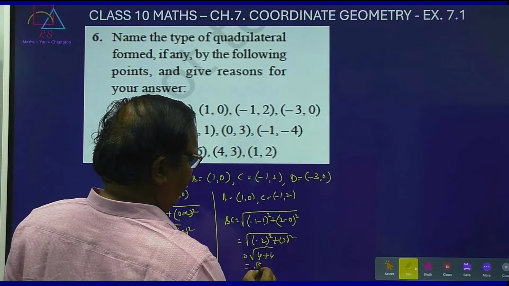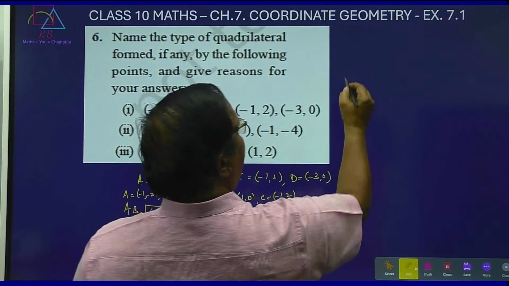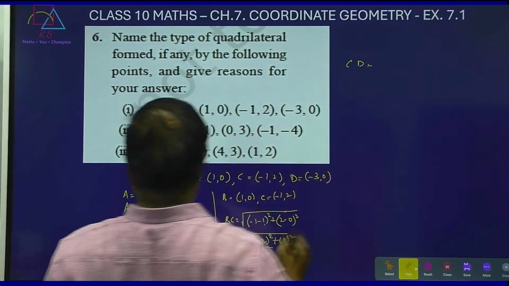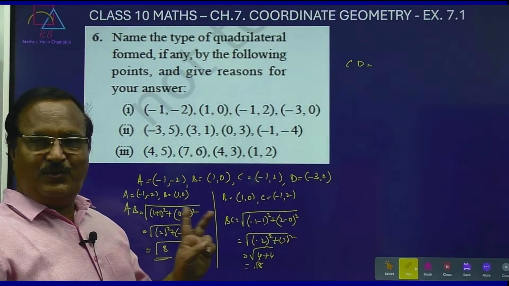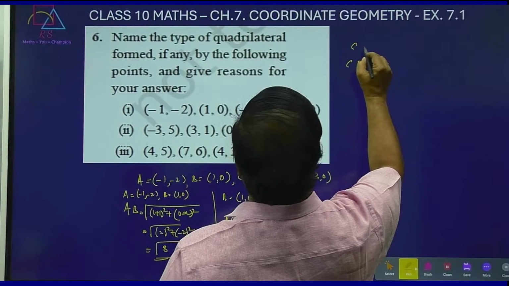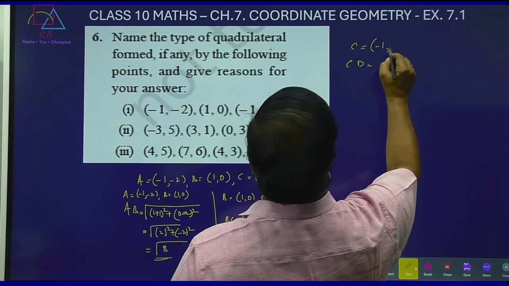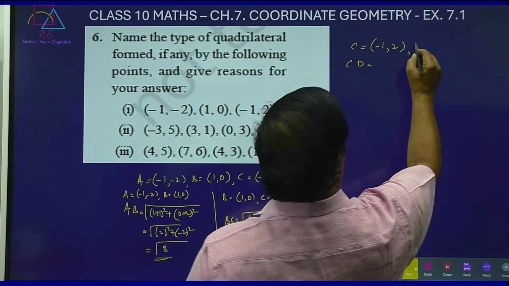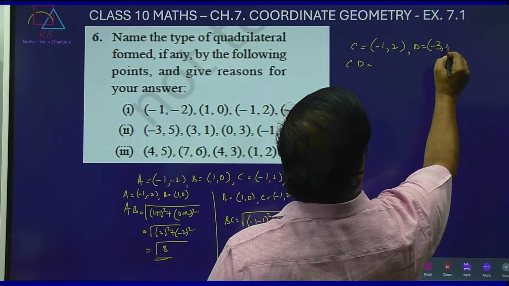So now we should find out CD. That means AB, BC are equal, two sides are equal. Let us find out CD also. C is equal to minus 1, 2 and D is equal to minus 3, 0.